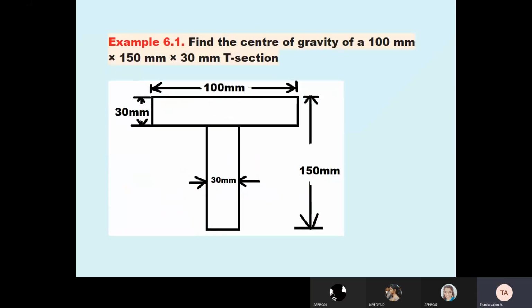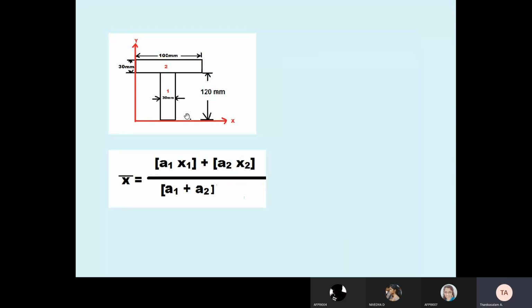The total height is 150. For the first section I want the balance distance: 150 minus 30 is 120.